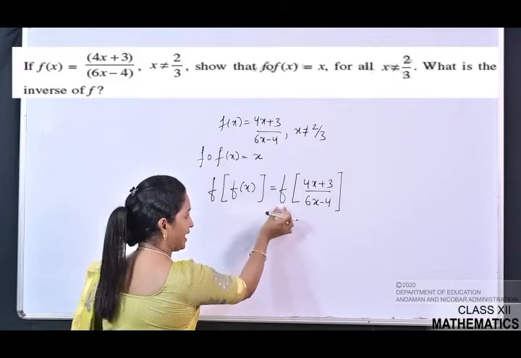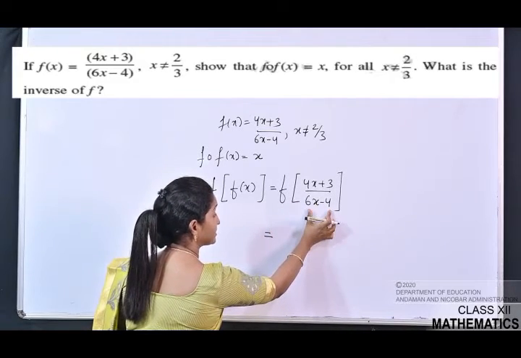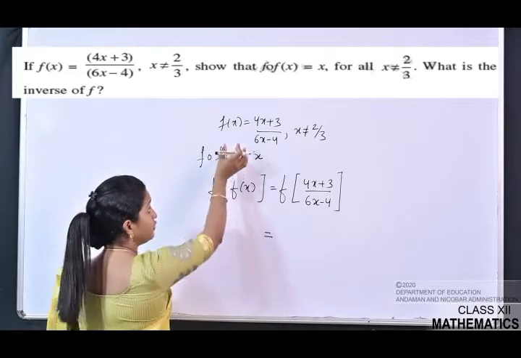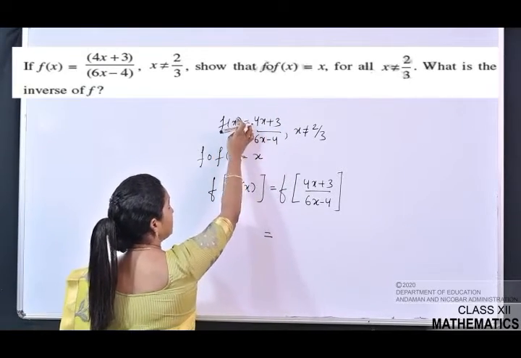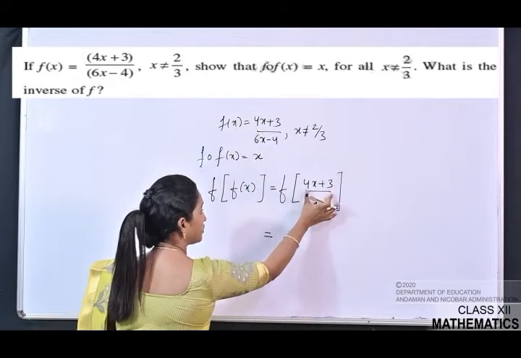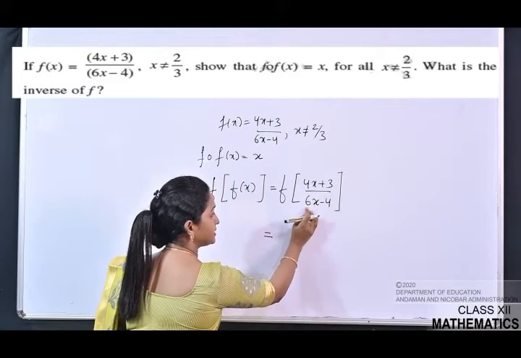Now f of (4x plus 3) by (6x minus 4) will be what? We know that f(x) is given to be (4x plus 3) by (6x minus 4). That means in place of x, you have to write down (4x plus 3) by (6x minus 4).